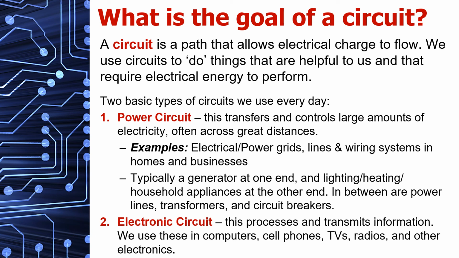Now, a circuit is simply a pathway that allows electrical charge to flow. Remember, we said the other day that there are electrons on the outside of the atom, outside of the nucleus, and they have a negative charge. The further away they get from that nucleus, the more likely they are to slip away, or it becomes easy for a passing atom or molecule to pull that electron off.